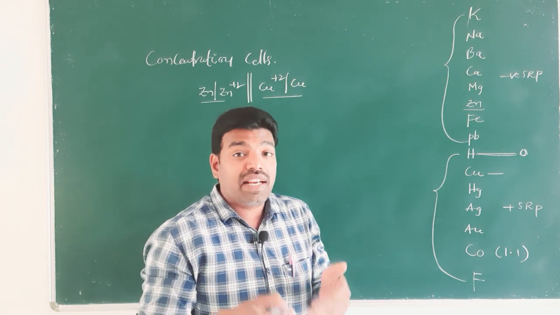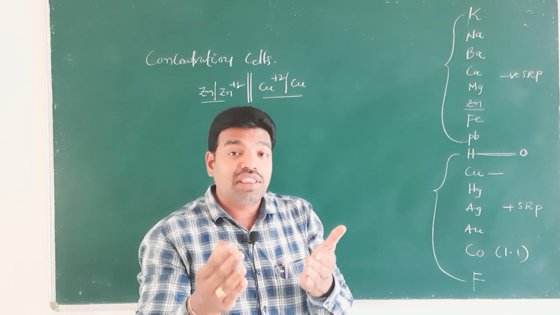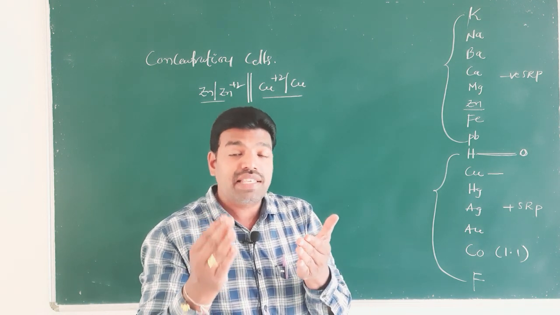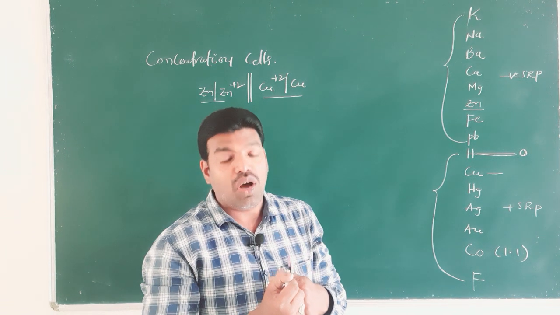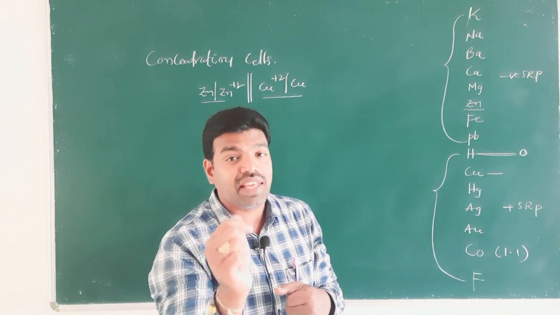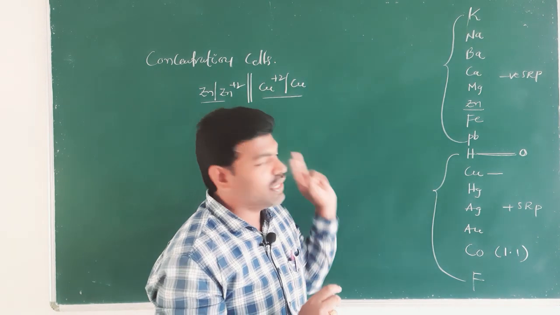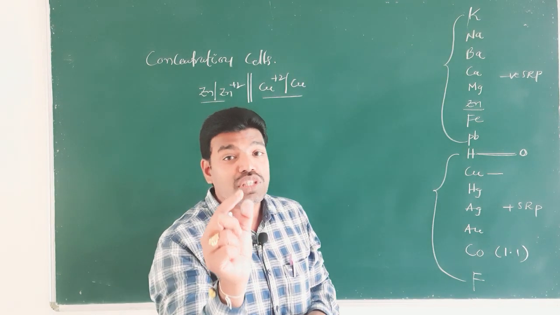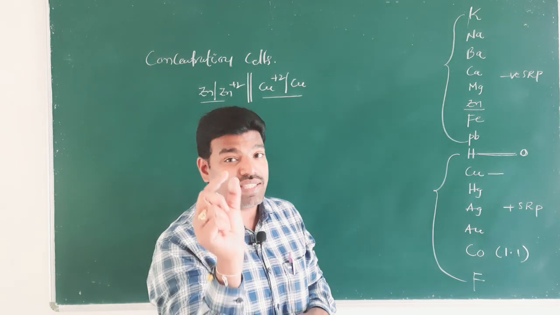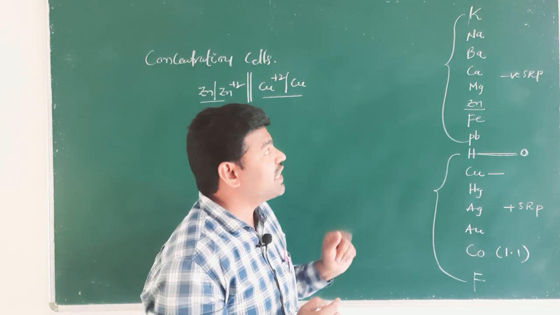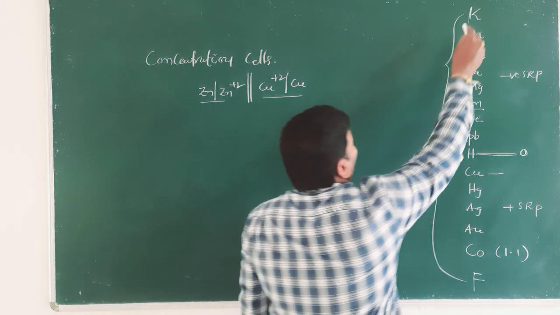Of course, we can construct a cell with an even higher EMF. How can we construct a cell with the highest EMF? By the combination of two electrodes whose potential difference is high. That is, we can construct a cell with lithium.